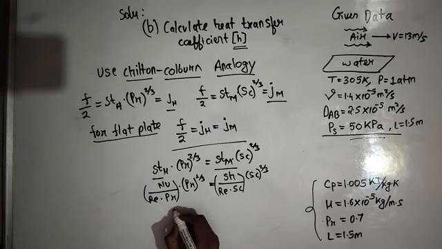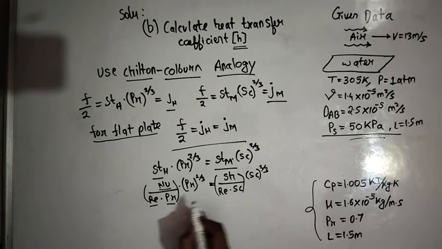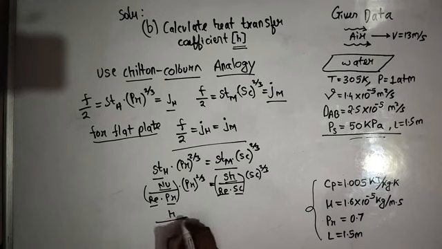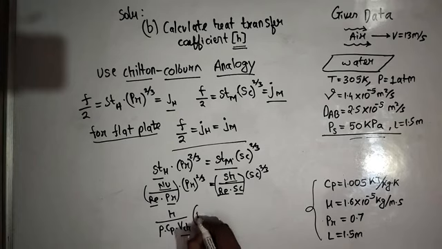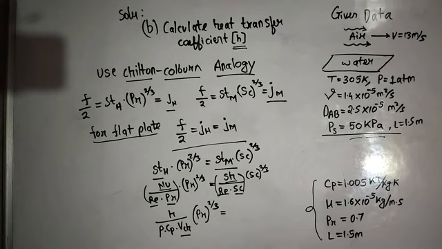We can substitute the values of the following dimensionless numbers. By substituting the values of these numbers, we get it as h upon density into heat capacity into V, where V is the characteristic length, into Prandtl number to the power 2 by 3.